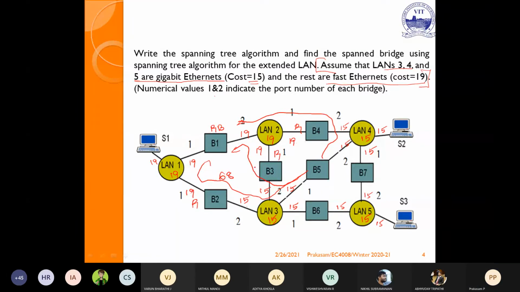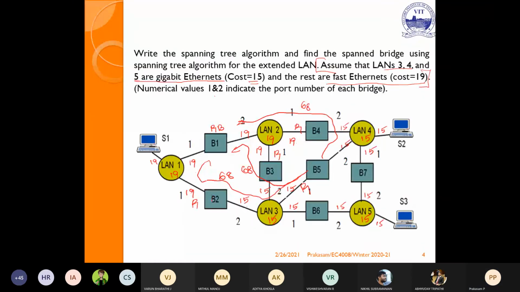Here also 68. But here in the opposite direction, 15, 15, so here also 68. So now automatically a tie is happening. If a tie is happening, we choose the one with the lowest port ID. For B5, this is port 1, this is port 2. Through both ports the cost is 68, equal. So I am selecting the root port which has the lowest port ID. For B5, 1 is the lowest value. So I am selecting B5 1 as the root port.